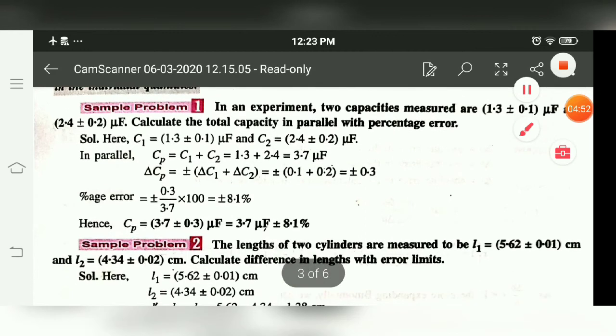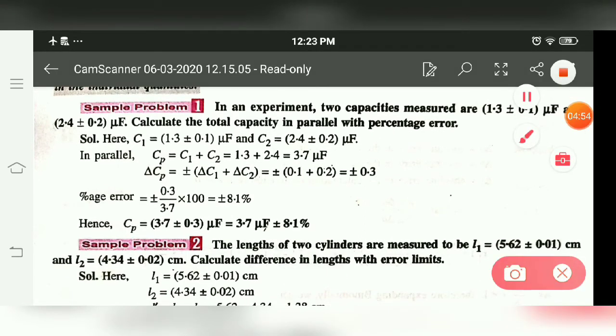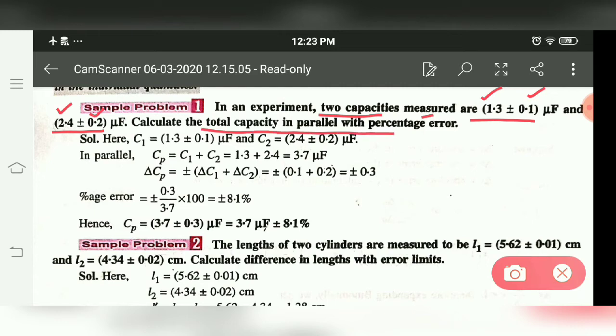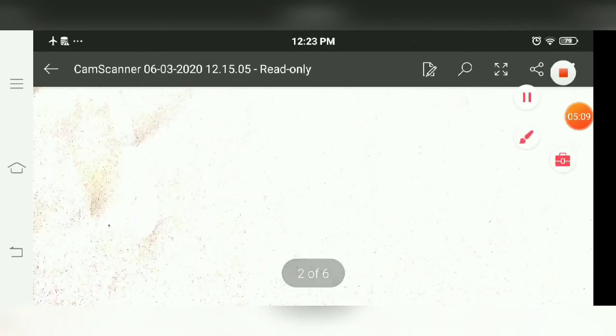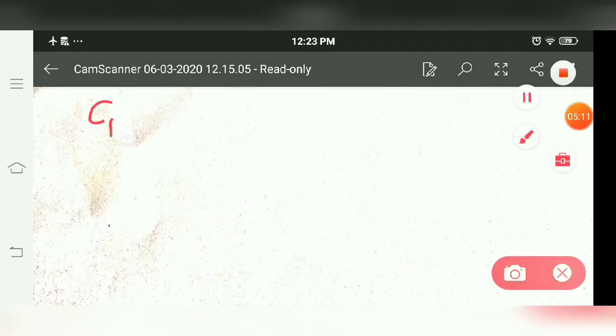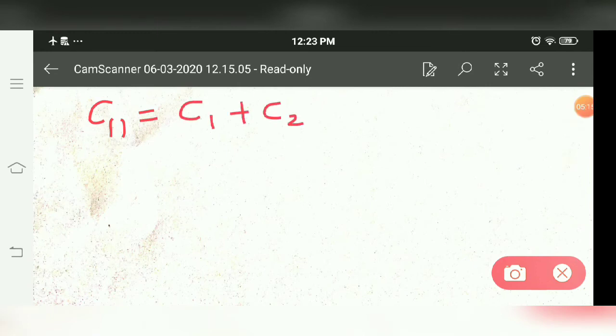Example for this: suppose in an experiment two capacitances are measured as given. We have the true value and the error in each, and we need the total capacitance in parallel with percentage error. We know that if capacitors are connected in parallel, their equivalent capacitance is C1 plus C2.